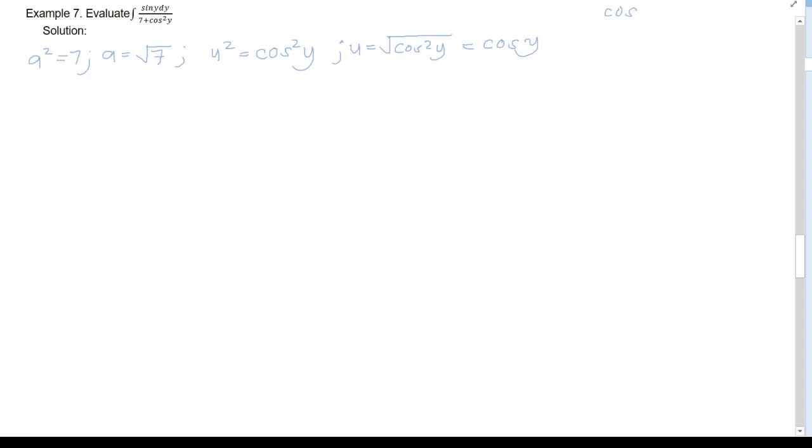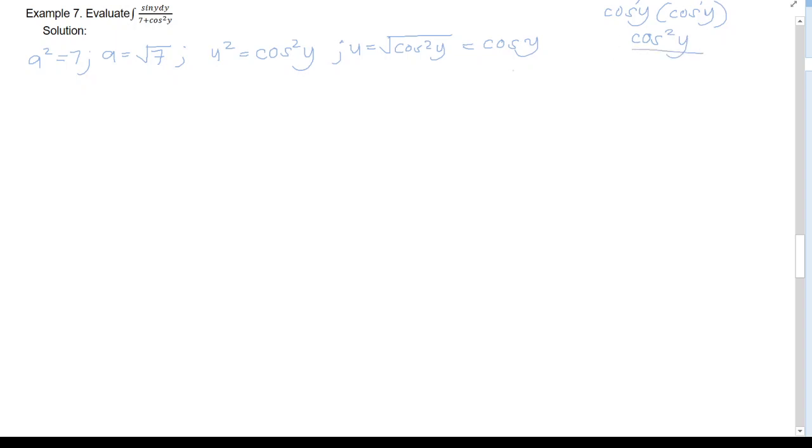So if we multiply cosine y multiplied by cosine y, that is considered as raised to 1, that will become cosine raised to 1 plus 1. We add the indices, which is 1 plus 1, that is already 2. So it's the same.